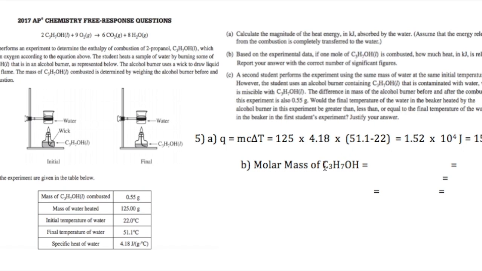So we would add 12 times 3, and then add that to 8, and add that to the atomic mass of O, which we know is 16. And so here it is, just to show it to you. This is what our calculation would look like. So it's just simple addition, adding all the atomic masses up, and this will give us an answer of 60.